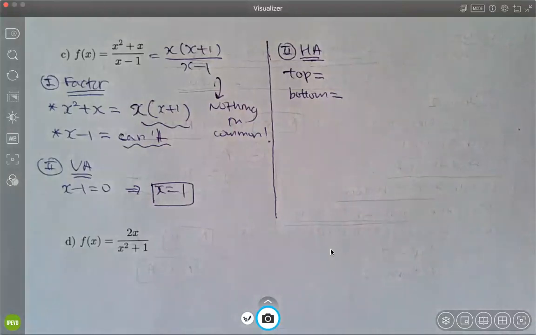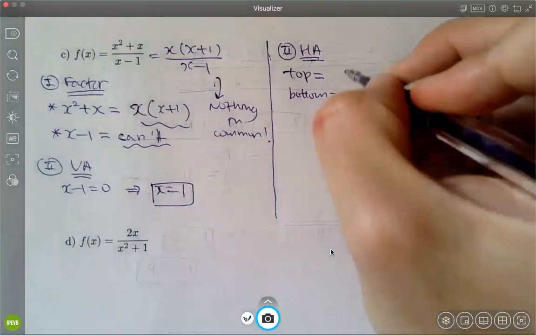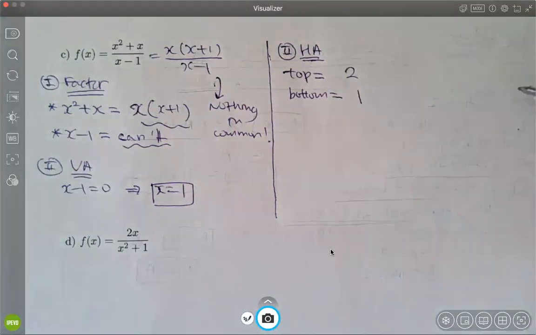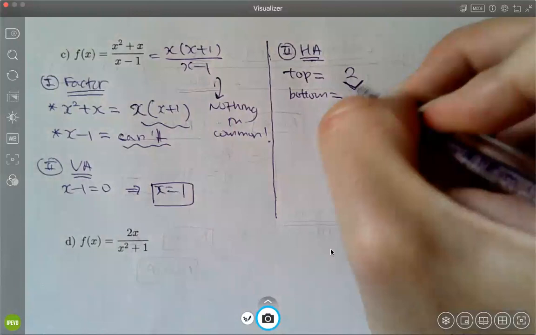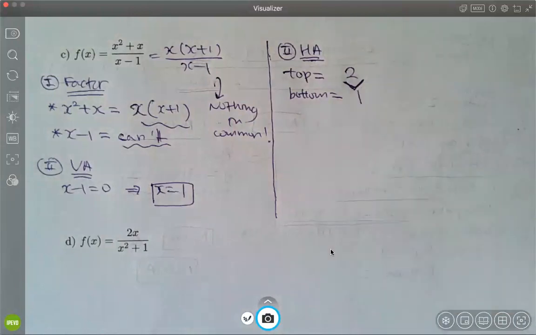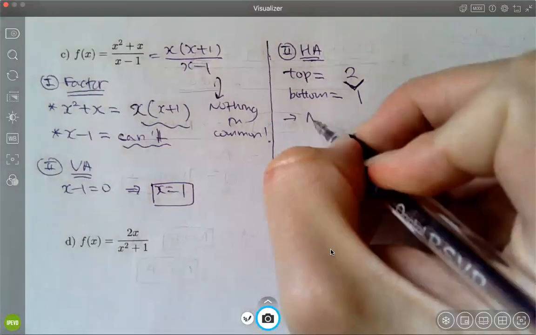Two and one. 2 and 1, right? Yes. Okay, so apparently top is bigger. Okay, so what does that mean? We have to look at case number 3 or 4, right? So for the horizontal asymptote, there isn't one.